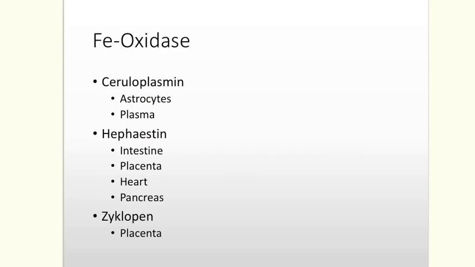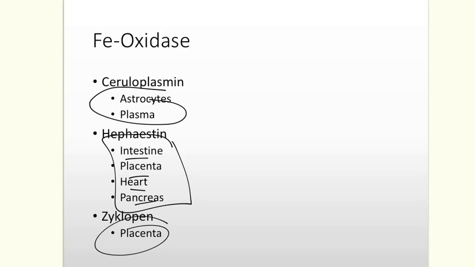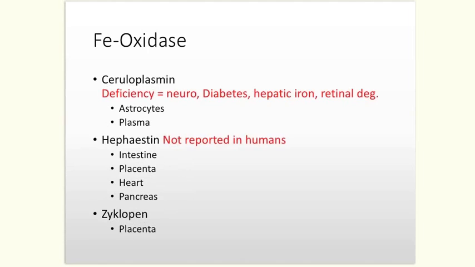The oxidation of the iron, so you remember that I said in the plasma, ceruloplasmin, and also in the astrocytes. Now in the intestine, placenta, heart, and pancreas, hephaestin is important, and then in the placenta as well is zyklopen. Now deficiency in ceruloplasmin, this is not Wilson's disease. You get a low ceruloplasmin in Wilson's disease. That is because copper is not being attached to the ceruloplasmin.